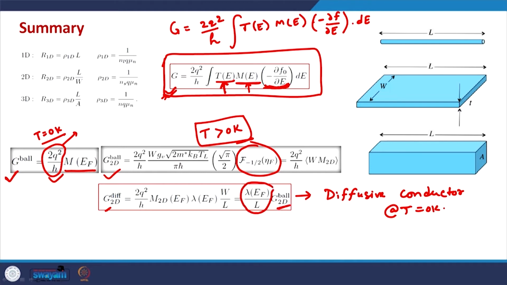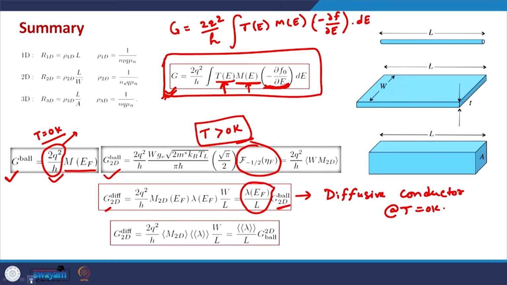Here this new term lambda(EF) by L appears in the expression, and at room temperature, this will be the conductance of a 2D diffusive conductor.